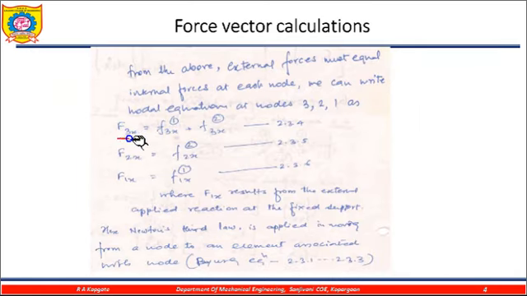Hence f3x is equal to f3x of element 1 plus f3x of element 2, which equals the applied f3x. f2x is the force applied at the second node, as well as f1x at node 1.